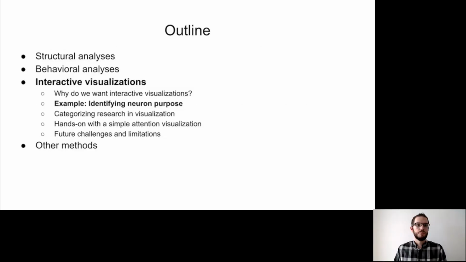I'm now going to walk you through an example of an interactive visualization tool and its development, because I want to highlight how the research process in developing such a tool differs to, for example, the development of a new NLP model. And in particular, we were interested in the example how to identify the purpose of a set of neurons.